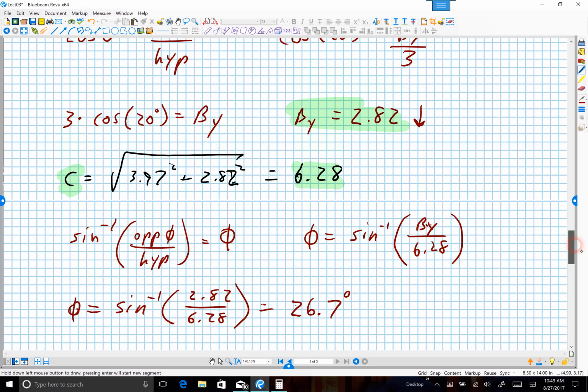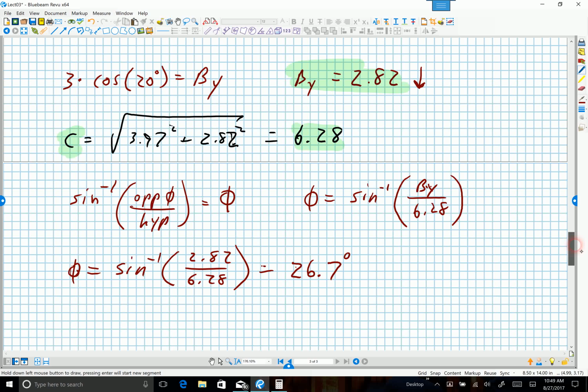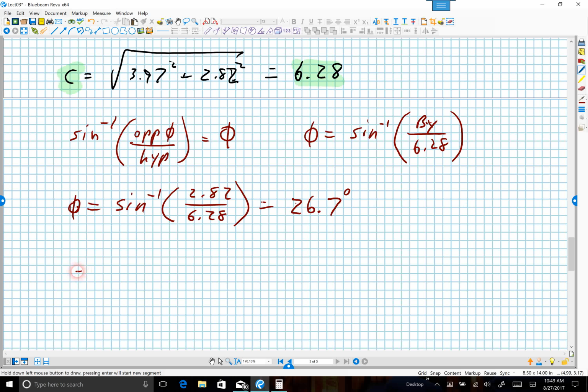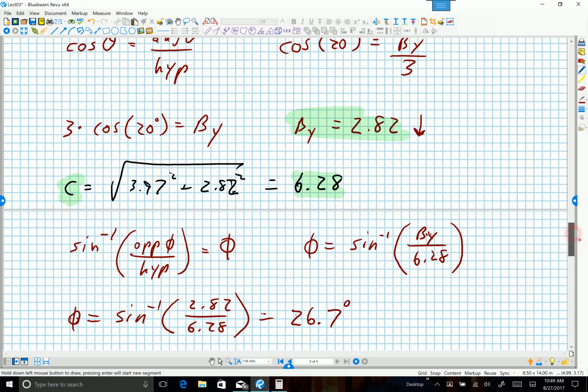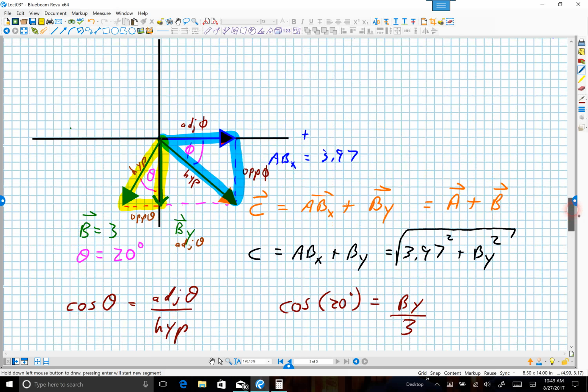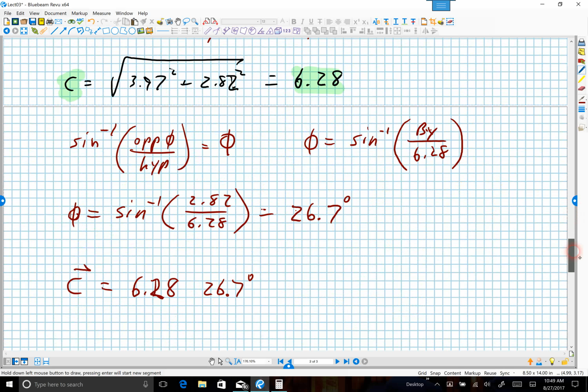Okay, so C as a vector is 6.28 units long, and it is 26.7 degrees. And if we look at the diagram, I have to give some kind of an indication of what that is.